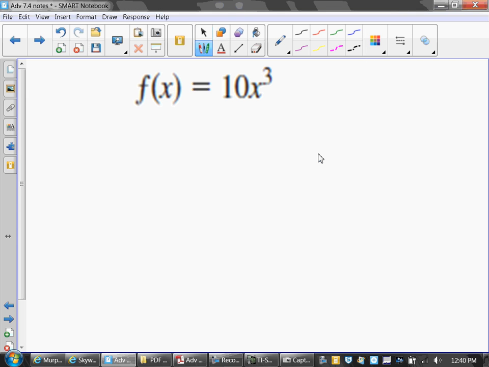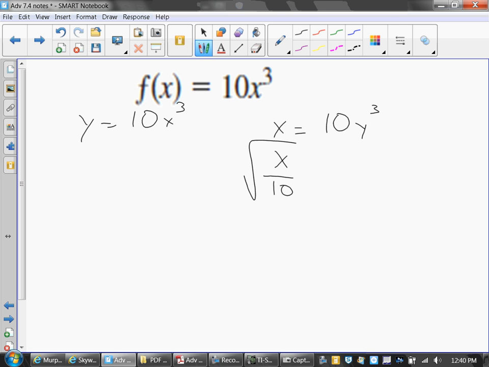Do we agree that the inverse of this will be a function? Okay, I agree. So in this case, you have y equals 10x cubed. That means x equals 10y cubed. Divide by 10.